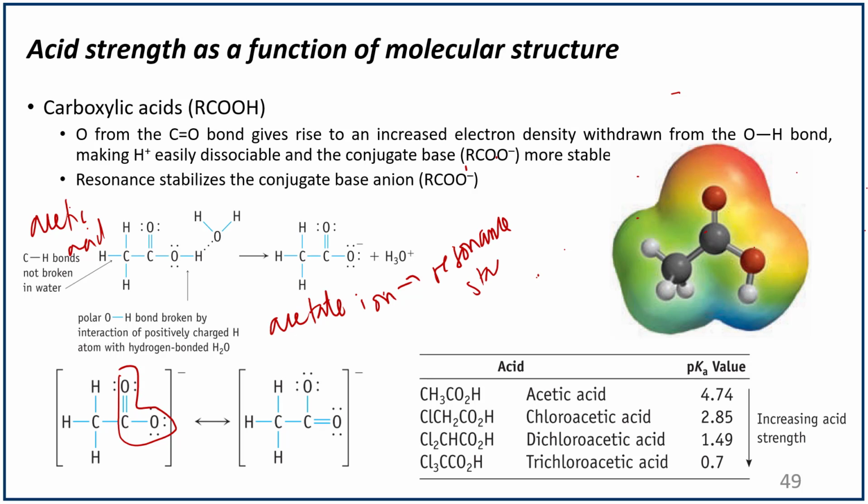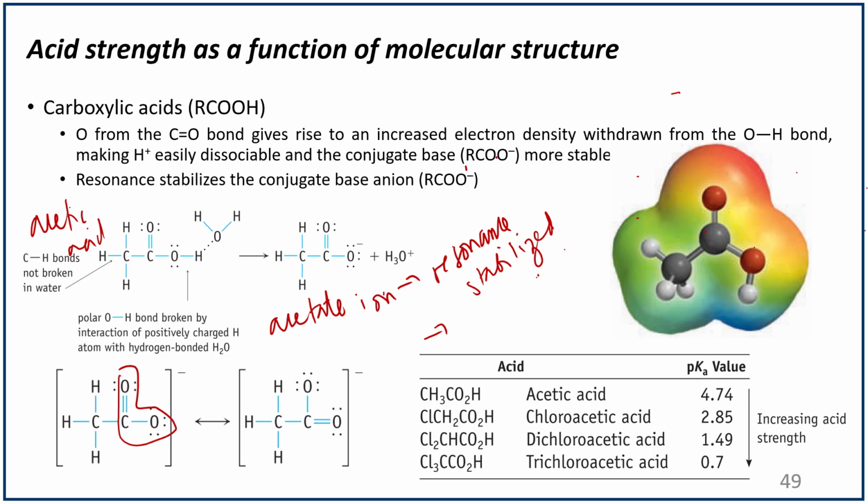In other words, the acetate ion is, sure, still a weak base, but it prefers to exist. Anything with more resonance structures is more stable, as you will see in organic chemistry.